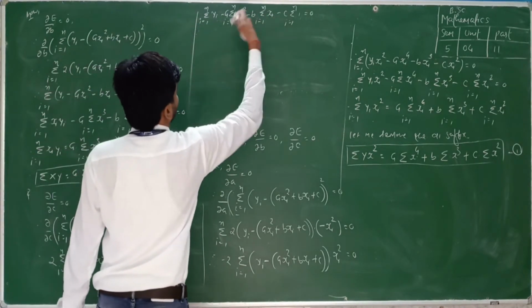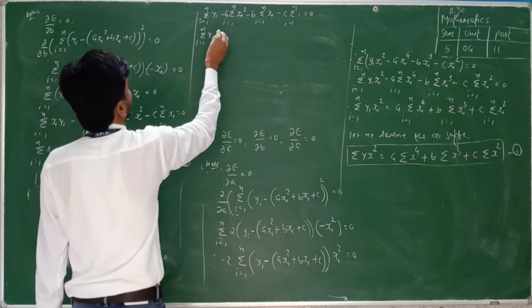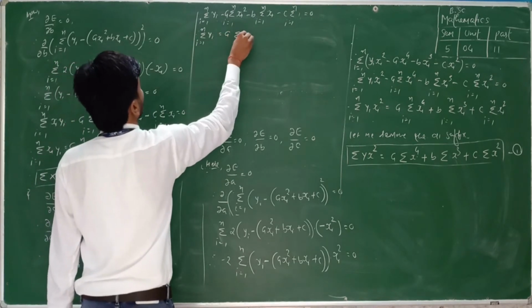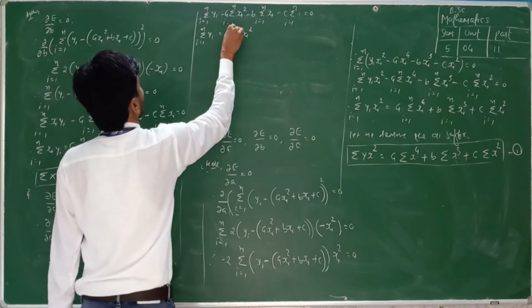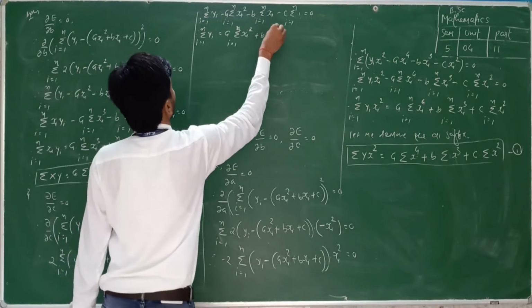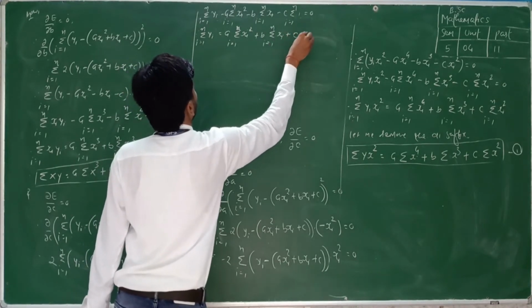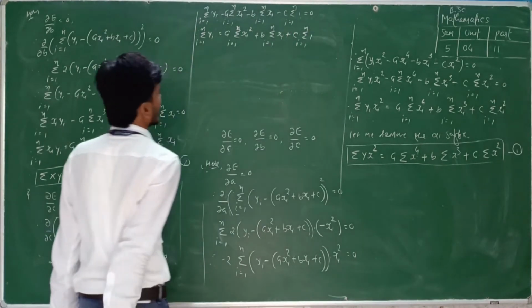Take the minus terms directly to the other side. Sigma i = 1 to n yi is equal to a into sigma xi square plus b into sigma xi plus c into sigma i = 1 to n 1.